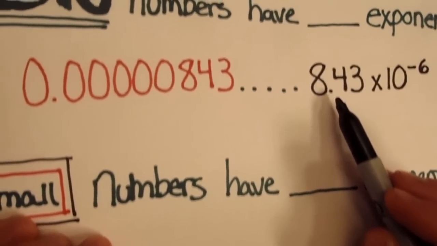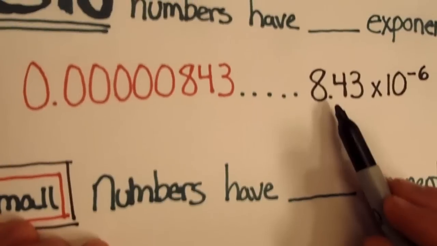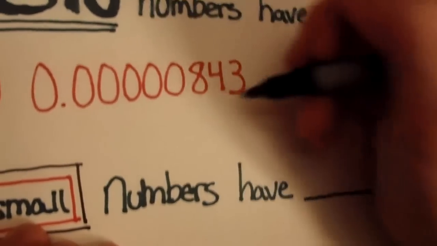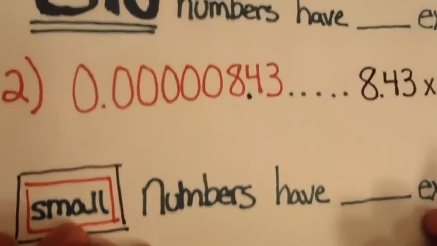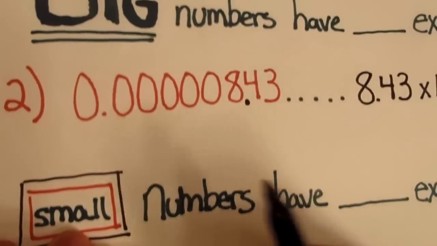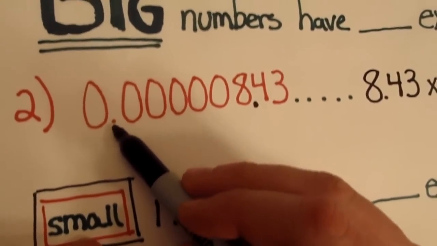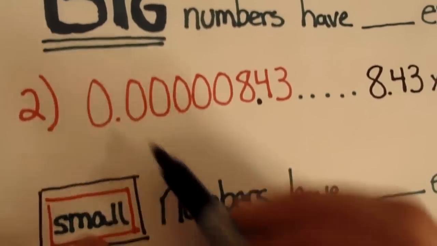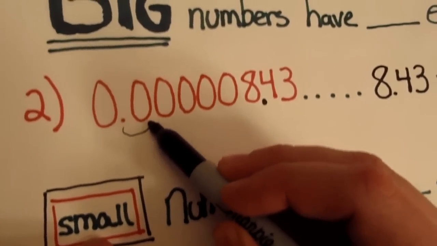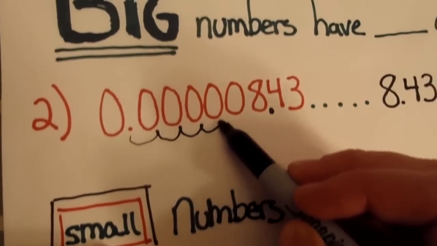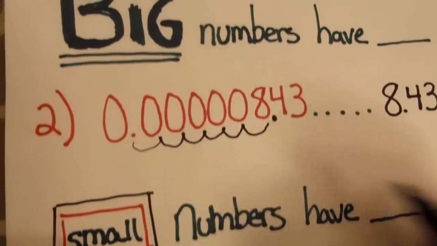Does that make sense? 8.43, is that between 1 and 10? Of course. So I'm going to put my decimal point right there. And again, we're going to count the places that we moved in order to get our decimal point to the new spot. So we go 1, 2, 3, 4, 5, 6.